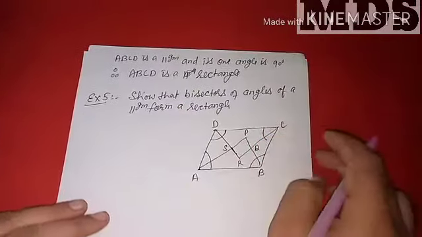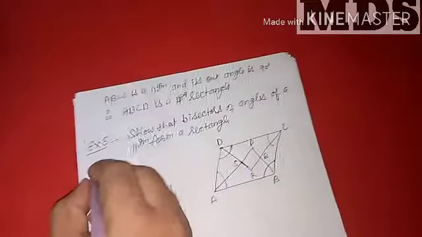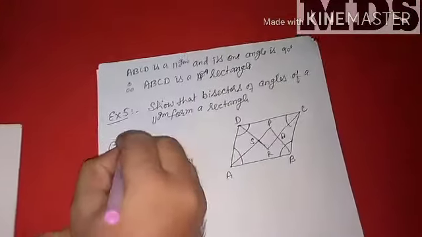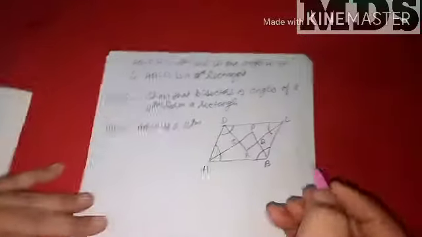We have to prove PQRS is a rectangle. So first you can write given. What's given? ABCD is a parallelogram. And what you can say?